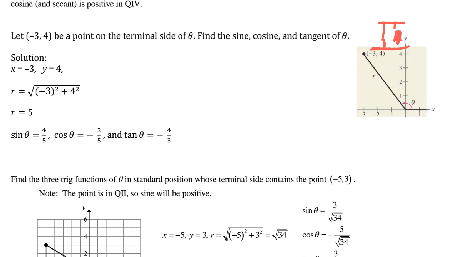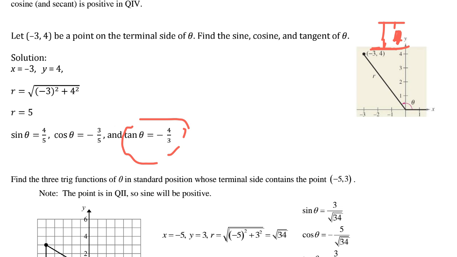So you know, the only things positive in quadrant 2 are sine and cosecant. You're going to need to find r so you can find your sine, cosine, and tangent. Actually, tangent you can find right now with what you have. You've got 4 over negative 3, because you have your x and your y. And tangent is y over x.